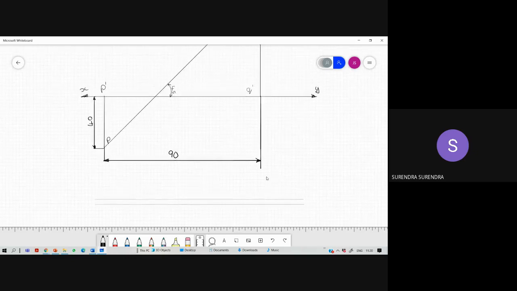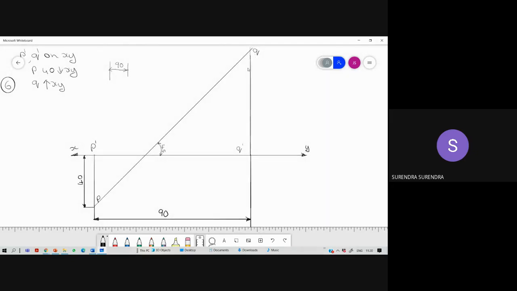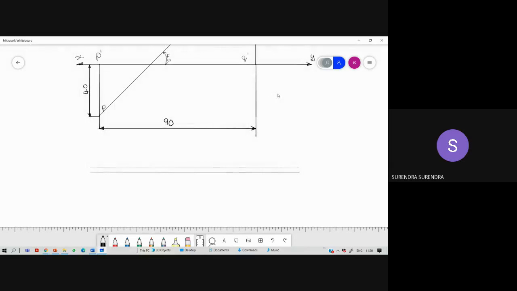Within these guidelines, measure the distance of Q dash to Q with a scale and write a statement here. Suppose you got a value of 45 mm.